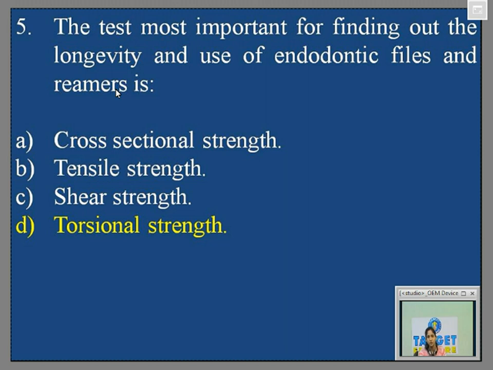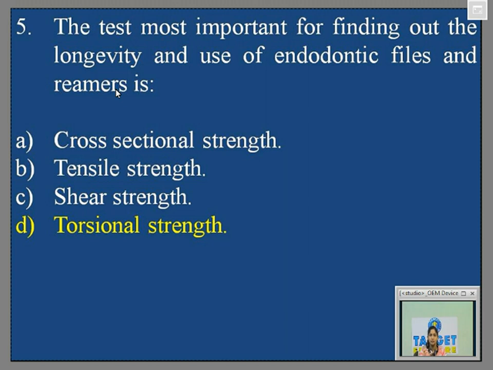Because of compression and tension acting simultaneously on a file in a curved canal, the file undergoes cyclic fatigue. But the most common mode of failure in an endodontic situation is when the file, particularly the last 3 millimeter segment of the file, gets bound in the canal. So when a file is entering the canal in rotation and it gets bound at a certain point, especially the last 3 millimeters of the segment.